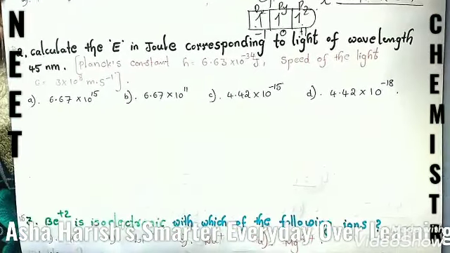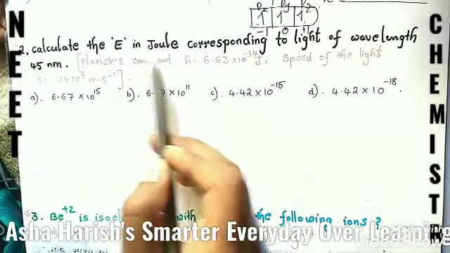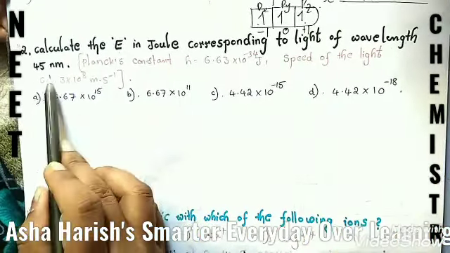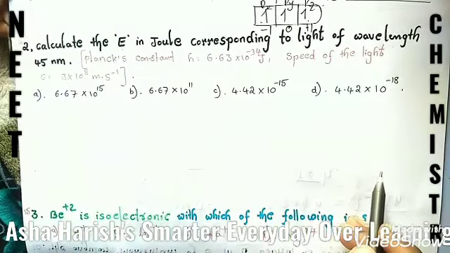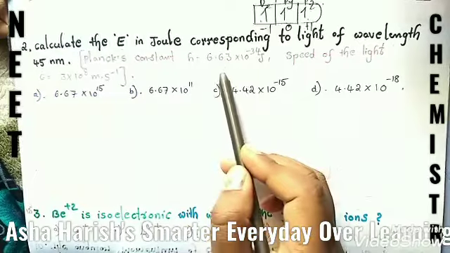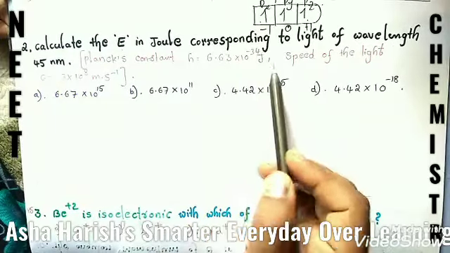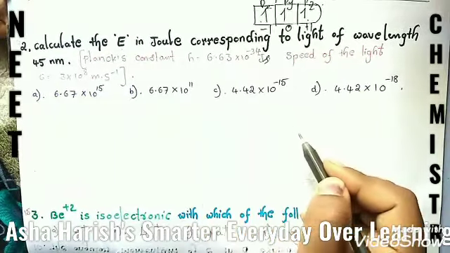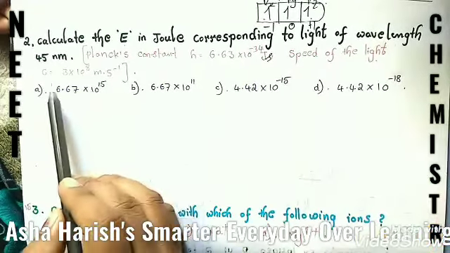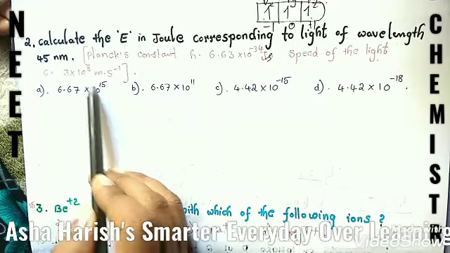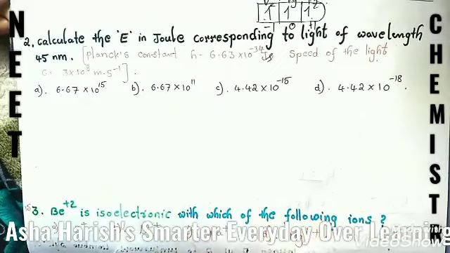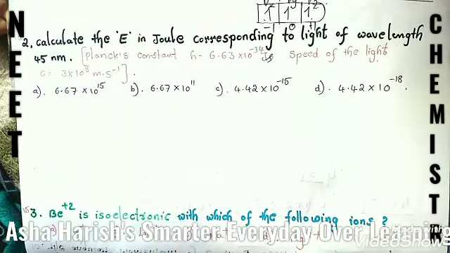Let's start the second question. Calculate the energy in joules corresponding to light of wavelength 45 nanometers. Here students, Planck's constant h, 6.63 into 10 power minus 34 joule second, is given in the question itself, and the speed of light is also given: c is equal to 3 into 10 power 8 meters per second. And from the options, we will select the right one.